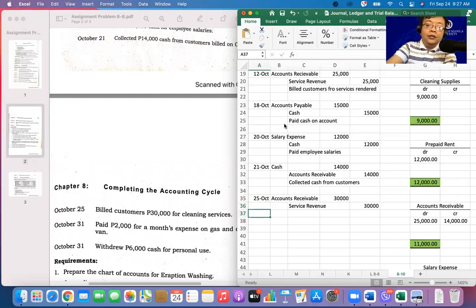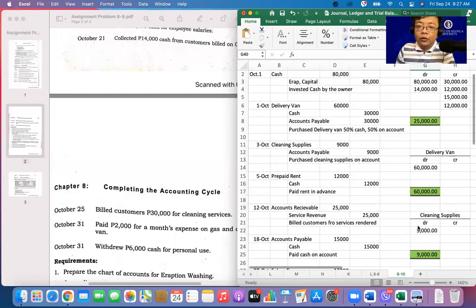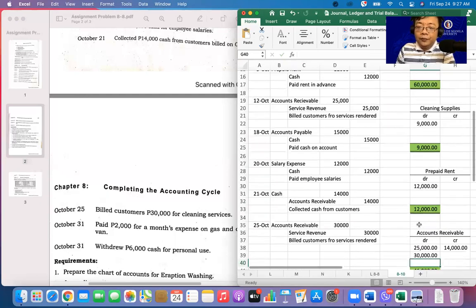Again, just copy na lang ito. So billed customers for services rendered. Of course, it will increase your accounts receivable, additional 30,000, and also service revenue of 30,000 here.